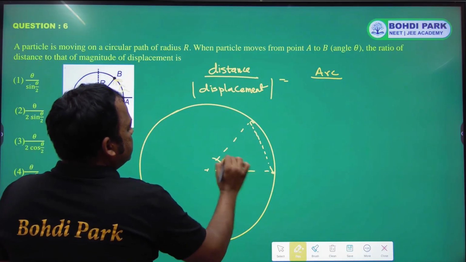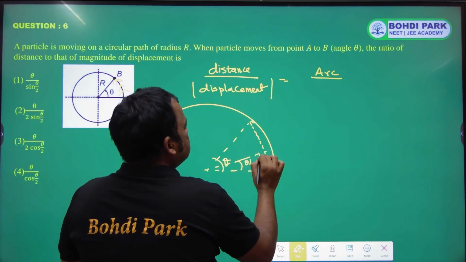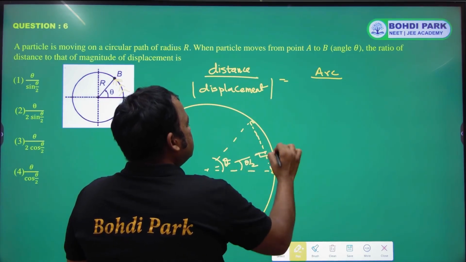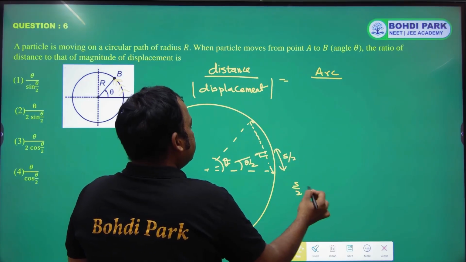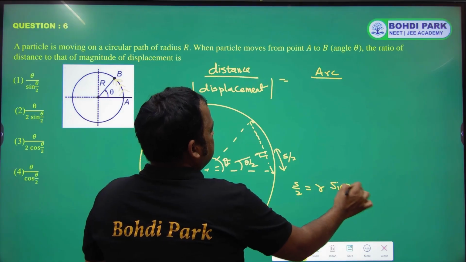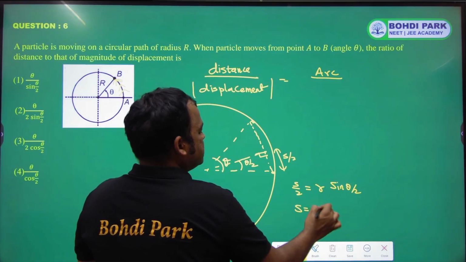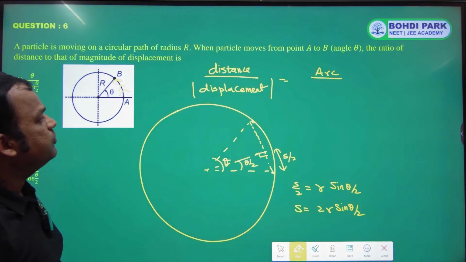So this angle is theta. So we have this angle theta by 2, and this angle will be 90. So this length will be displacement by 2. So displacement by 2 will be equal to r sin theta by 2. So displacement is equal to 2r sin theta by 2.